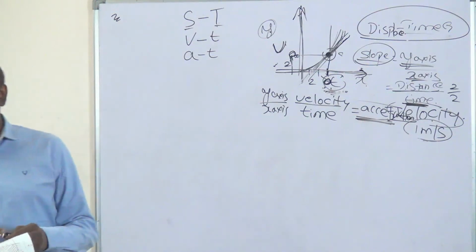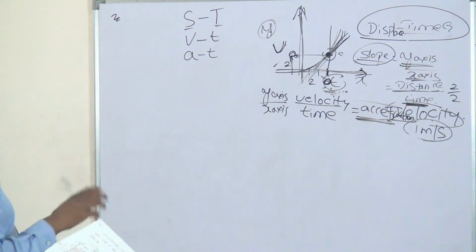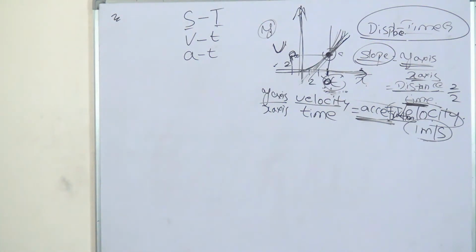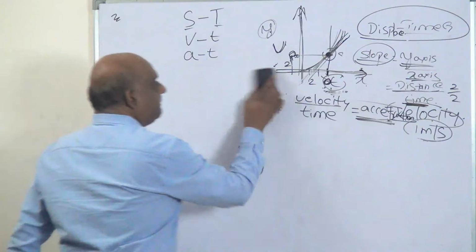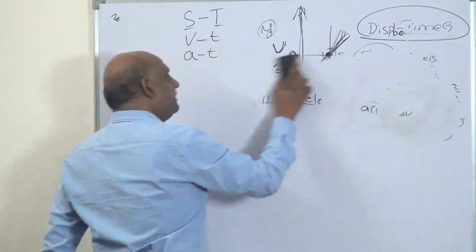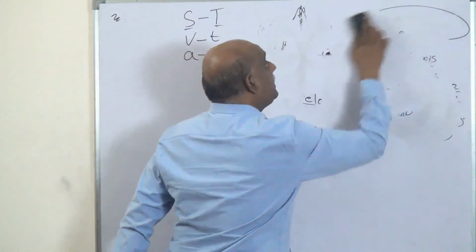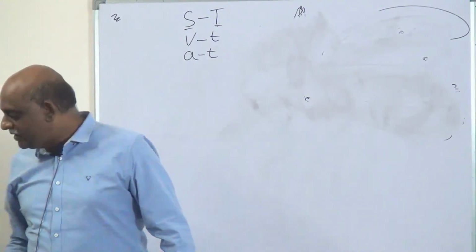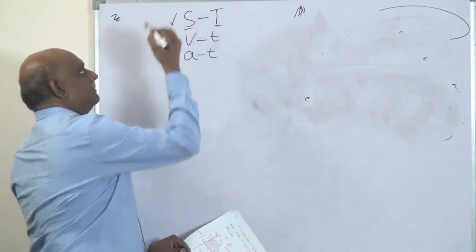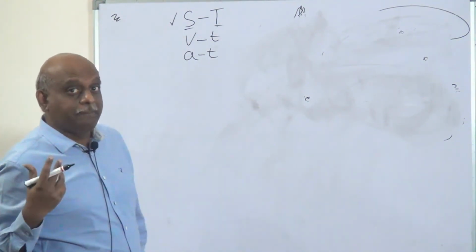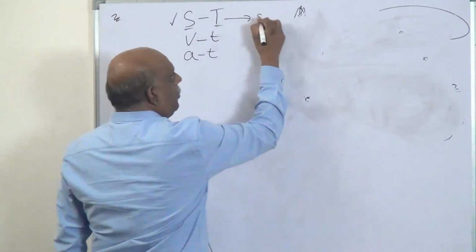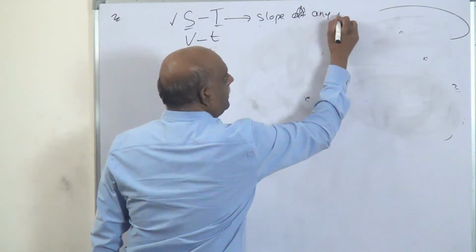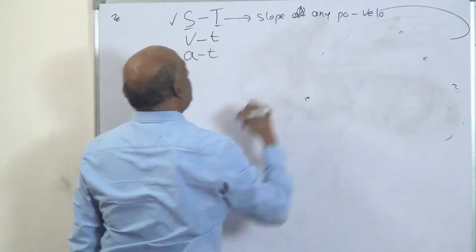Now the question asked by the examiner is a very simple question. The simple question that the examiner is asking is, what is the purpose of acceleration time graph? Children, you know the purpose of displacement time graph: slope at any point will give you velocity.